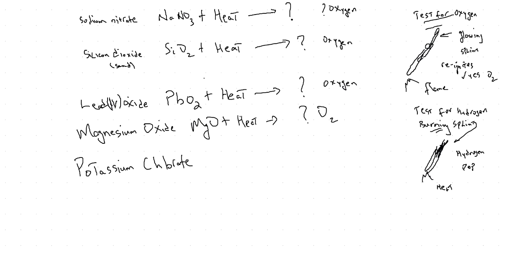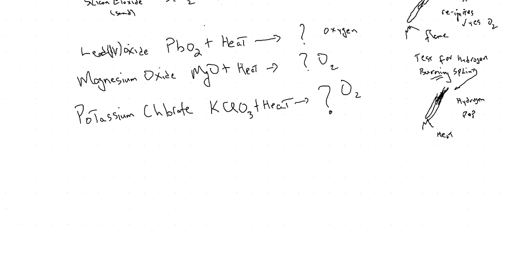There's the potassium, and chlorate is ClO3. We're going to add heat again, and we want to see what happens. Do we get oxygen, and what happens? Not only do we want to see if oxygen comes out, but we also want to see if there's any phase change, if it melts, if it's clear, whatever happens.